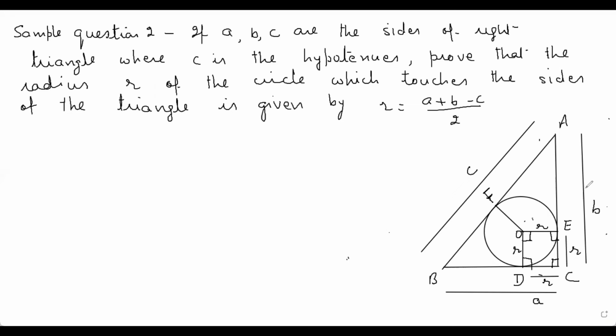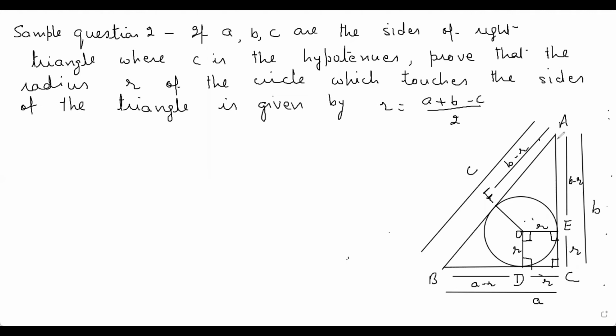Now this length AC is given B. It means if EC is R, then AE is equal to B minus R. Similarly, if DC is R and BC is A, then BD is equal to A minus R. Now if AE is B minus R, then AF is B minus R. Why?